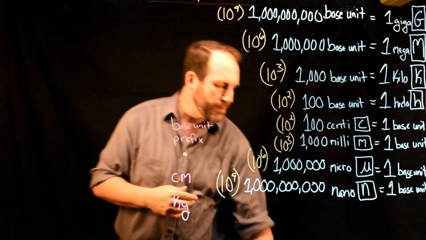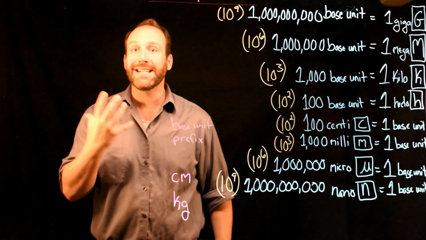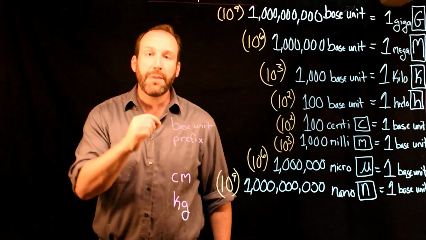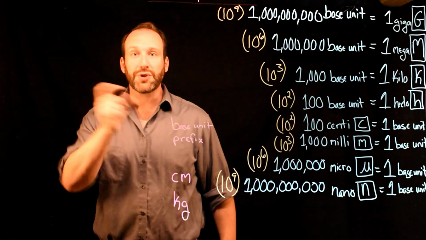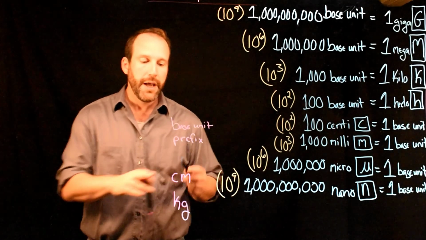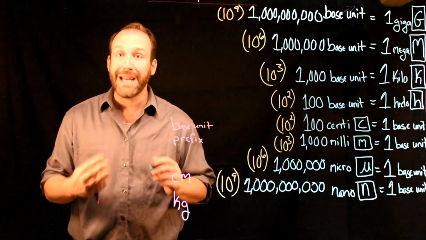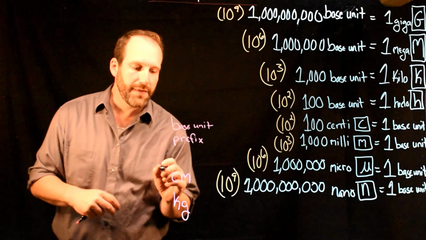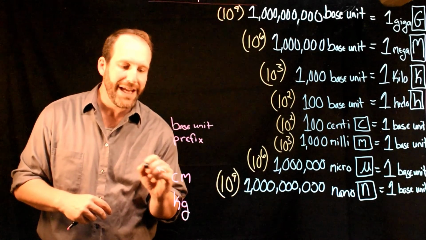The base unit is basically telling us what kind of a measurement scale we are using, and then the prefix is telling us how big or how small is that particular scale that we're using. So in the case of centimeter, the base unit is the meter.